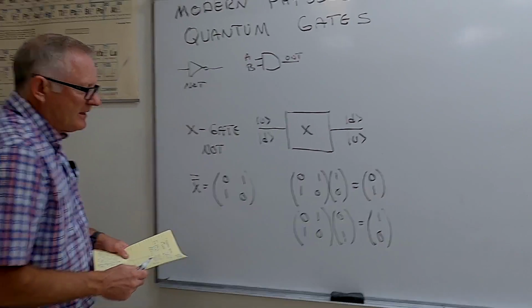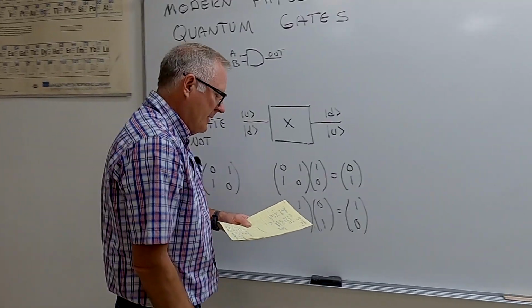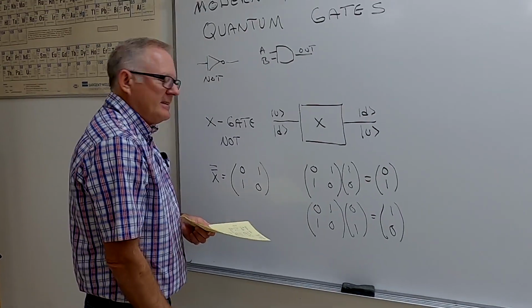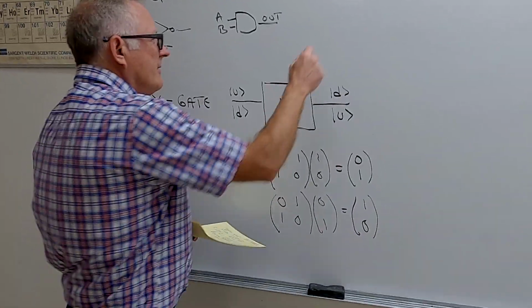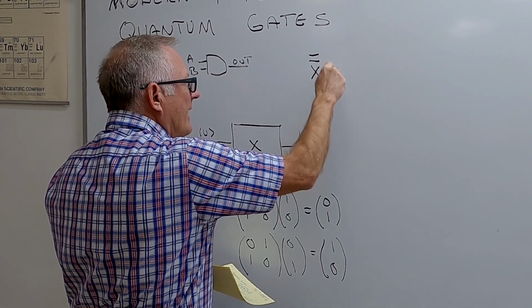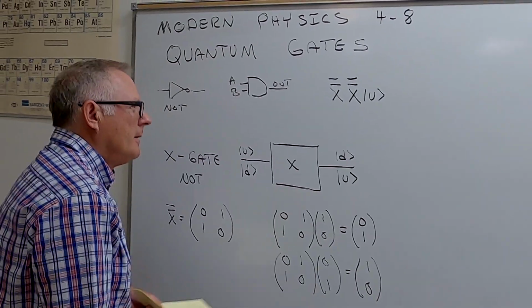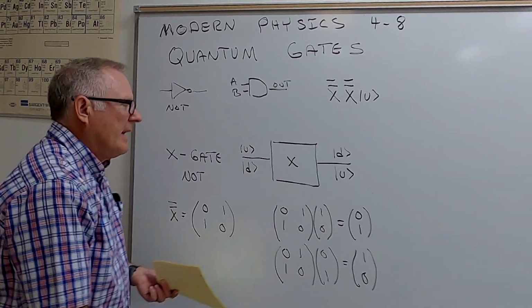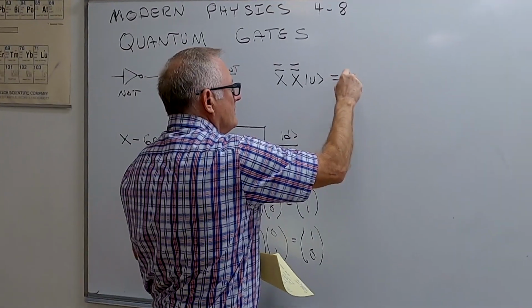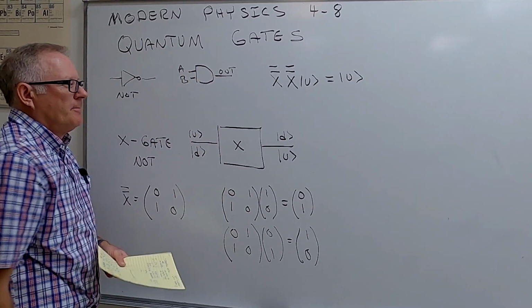So there's my X. You notice if I run it through twice, I come back to the same thing. That is, if I take my X gate and operate on up, and operate it a second time, that better give me back my up again, because it went from up, down, back to up again.